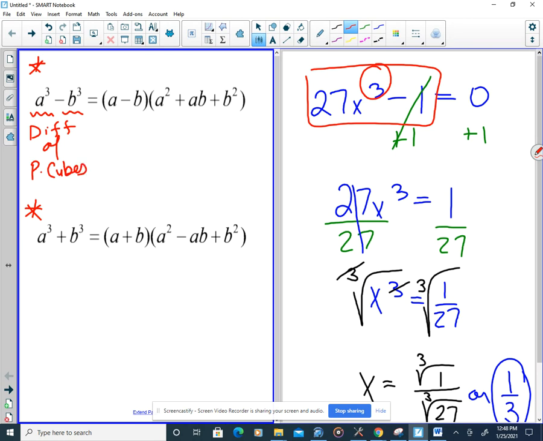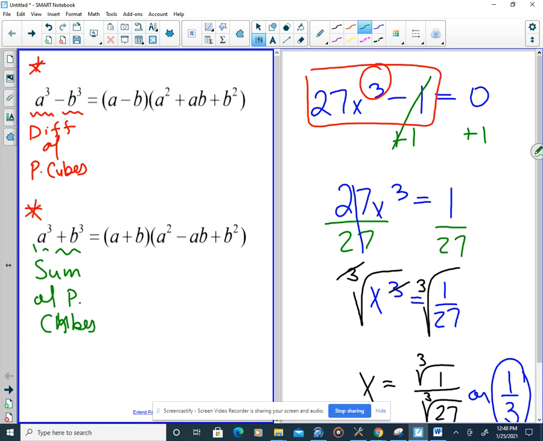Why a difference? Because we're subtracting. Down underneath, a cubed plus b cubed is called the sum of perfect cubes. Why sum? Because we are adding.